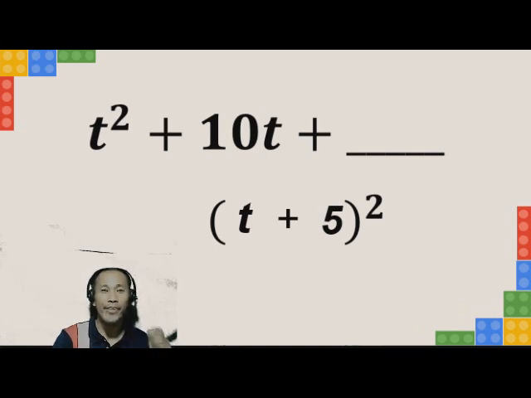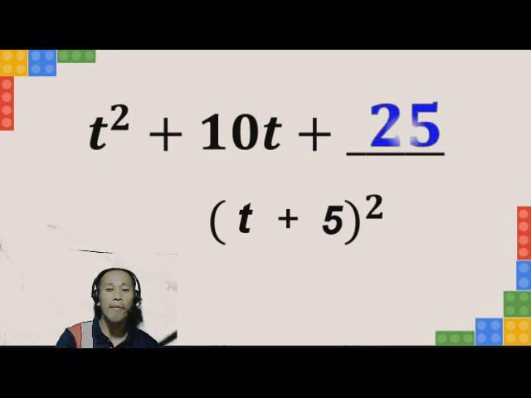Easy, right? So we can use this as our square of binomial. And then, we are going to go now to our blank. What must be on our blank? It must be the square of 5. 5 times 5, we are going to get an answer which is equal to 25.